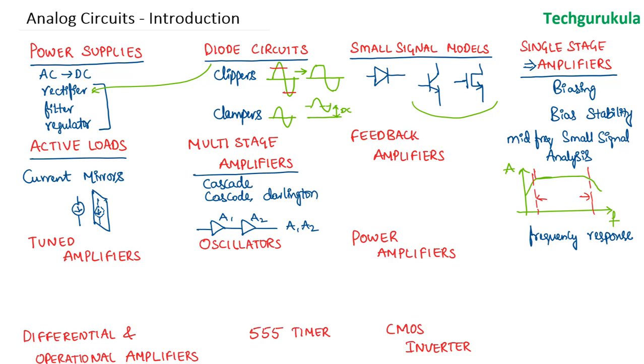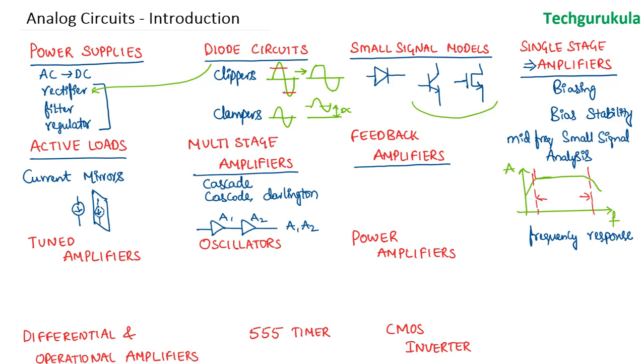And then we're going to move on towards feedback amplifiers, because when we look at amplifiers with high gain and so on and so forth, they always come with some sort of distortion, noise, and bandwidth restrictions. So those things can be traded off by sacrificing certain things and increasing certain other things by taking feedback in amplifiers.